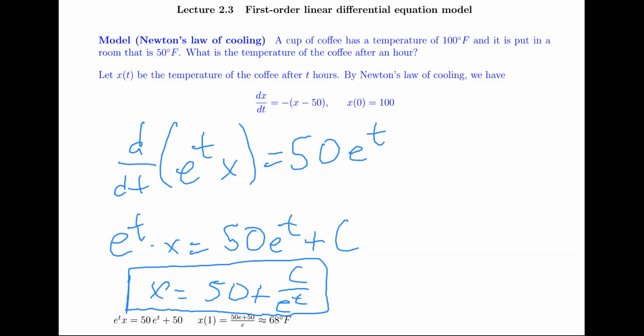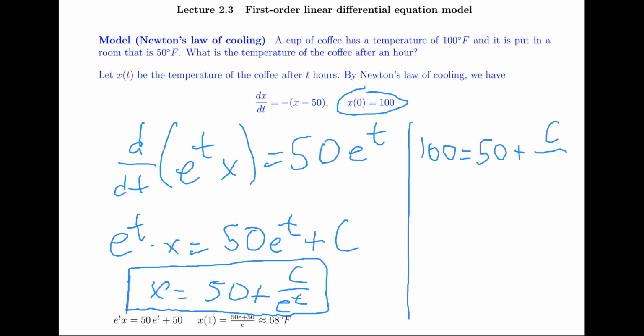We do have an initial value problem here, though, which is x of 0 is 100. So let's go ahead and work that out over here. X of 0 is 100, so x is 100, and this is equal to 50 plus c times e raised to the 0th power, because t is 0 there.